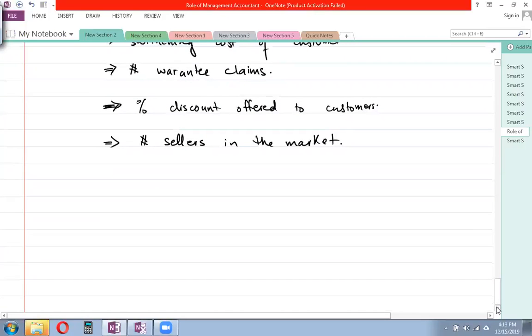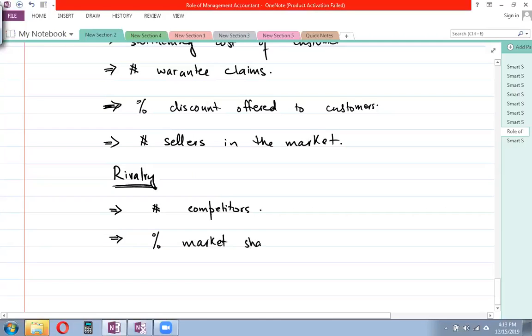So these are the measures. And the last one is rivalry, right? And again, you can say the number of competitors. You can also say the percentage market share, that how much market share do you have?